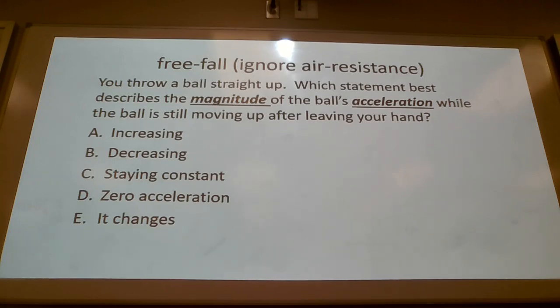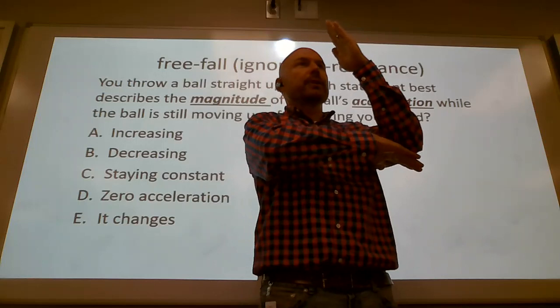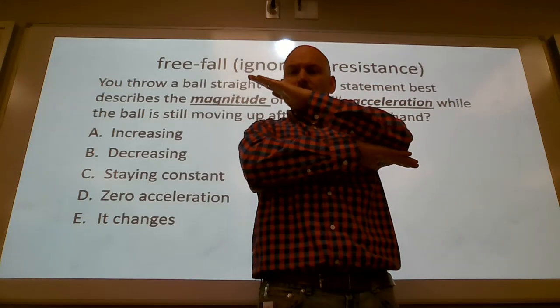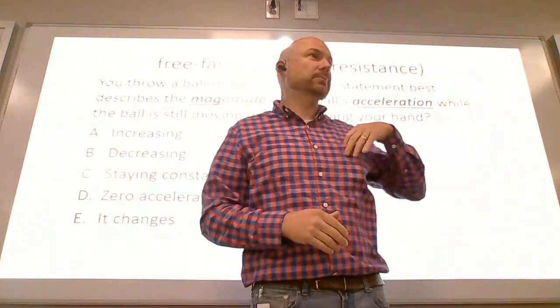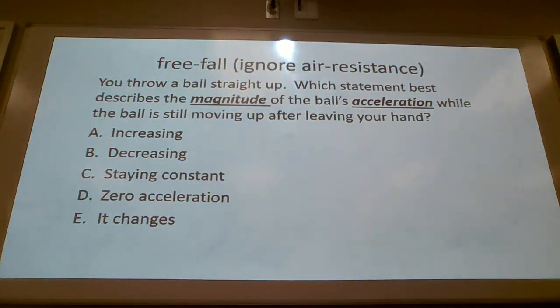Those are two different things. Your velocity can be measured with a speedometer, what it's pointing to. Your acceleration can be observed by what your speedometer is doing, how it's moving. In this scenario, the ball starts with initial velocity and is slowing down at a constant rate, constant acceleration. 9.8 meters per second squared in the negative direction.